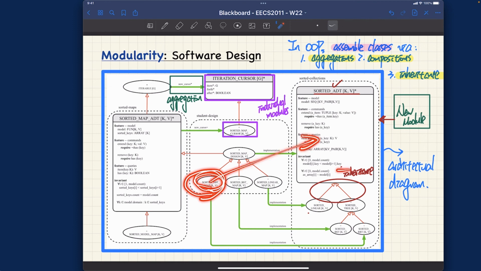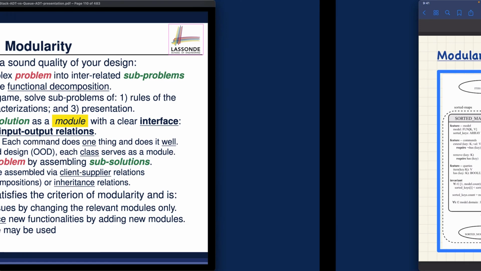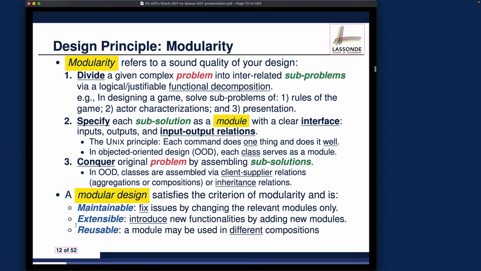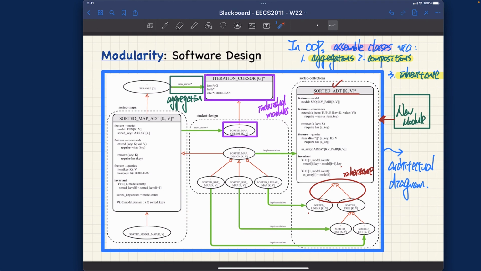So this will be the client, and this will be the supplier, right? So no duplicates will be needed. That's what I meant by reusable. So a module may just be used in different compositions, right? So for example, this module over here can be used by this particular module, and this module here can also be used by this particular module, like a helper method idea. You can think about a helper method itself as also like a mini module in some way.